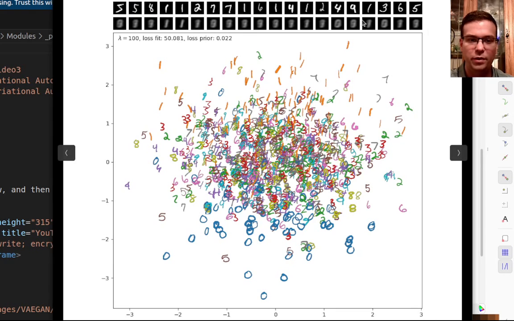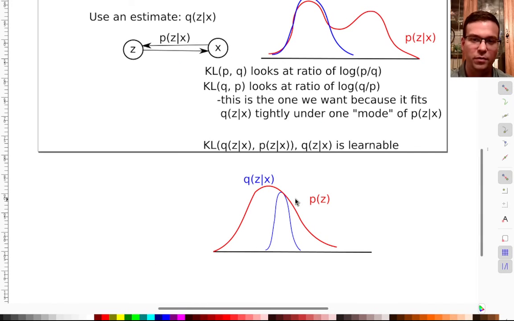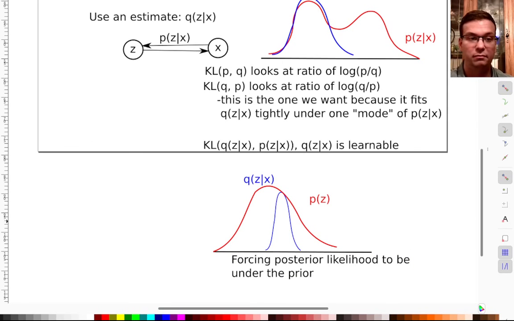So anyway, I just wanted to show you why this is intuitive here. We're forcing our posterior likelihood to be under the prior. And that's why we never went outside of the prior.